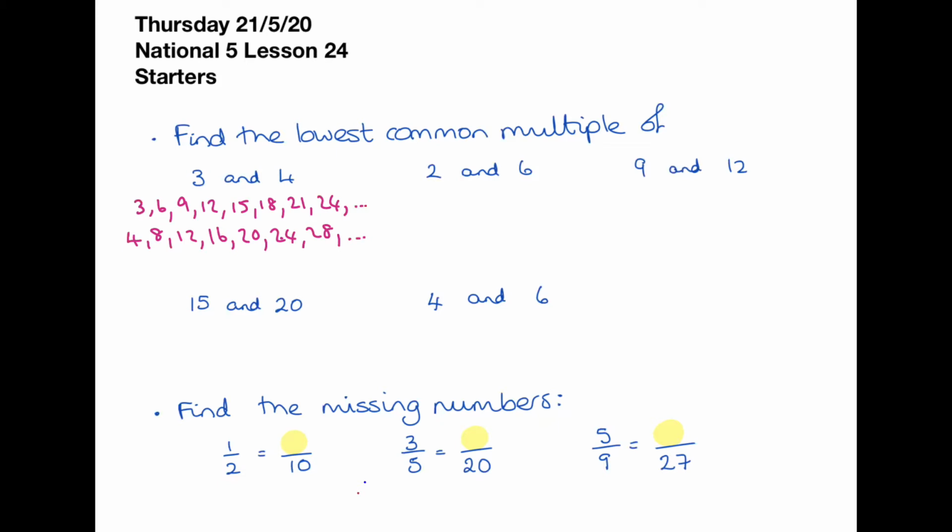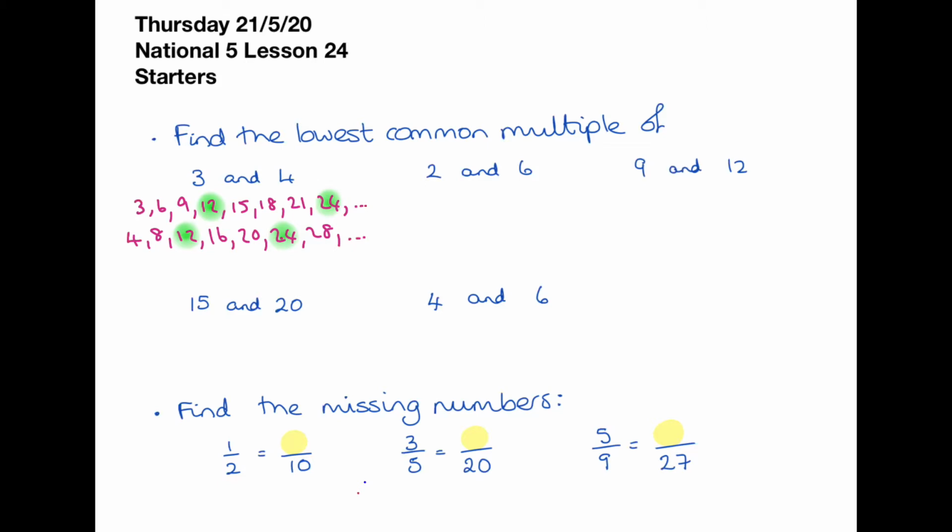So the common multiples of 3 and 4 are the numbers which are in both lists. If we have a look, the first number that we come to that's in both lists is 12. And then looking a bit further along, we can see 24 is in both lists. And there would be more the further along those lines that we go.